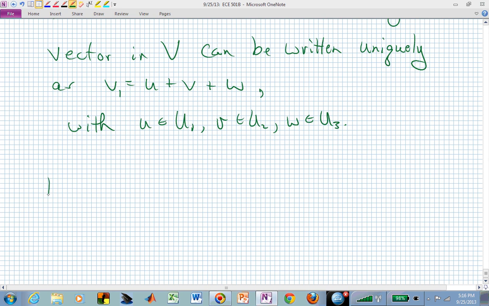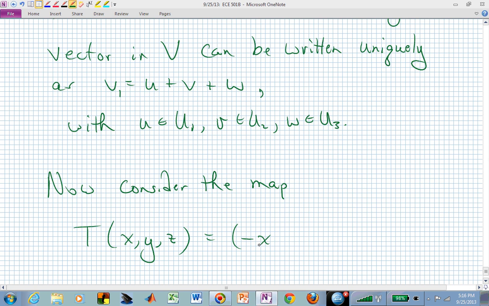Now what I want you to consider is the following map. Suppose you take some vector in 3-space, and that now just rotates 90 degrees in the xy plane. We take the x coordinate and rotate that into the minus y axis, take the y coordinate and put that into the x axis, and we just copy down z.